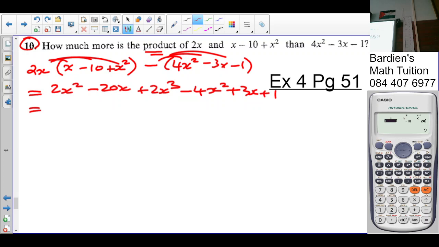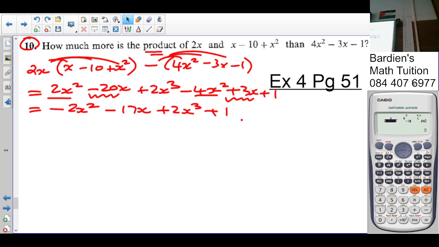So now we add like terms. 2x squared minus 4x squared. What's 2x squared minus 4x squared? Negative 2x squared. Negative 20 plus 3, negative 17x. That's on its own, so it's plus 2x cubed plus 1. Okay? You just confirm that answer quickly?